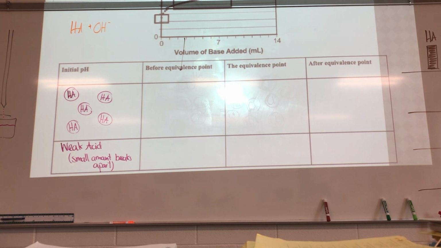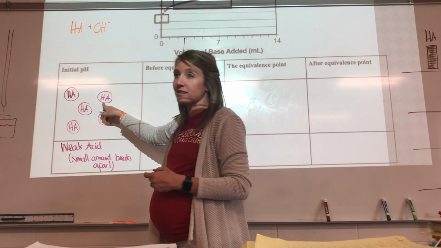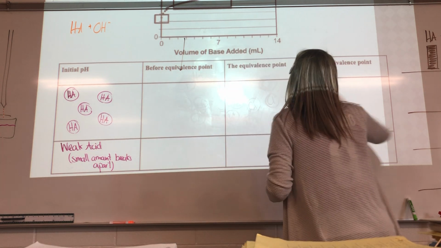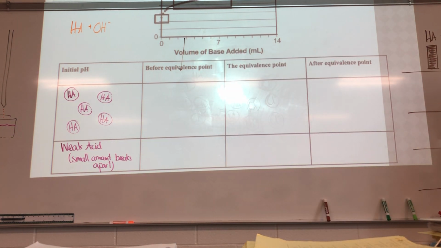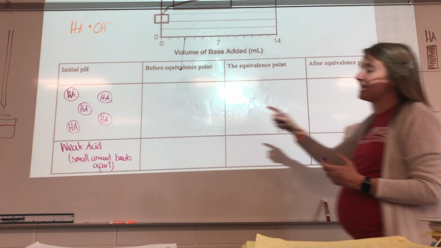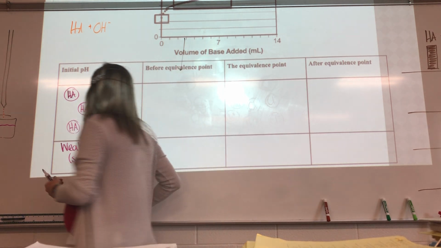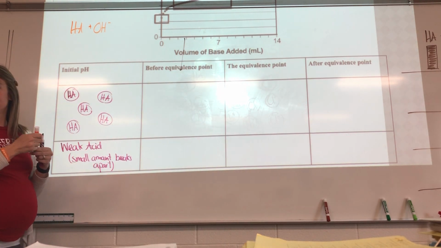Okay, we're starting to drop the base. What's happening at the molecular level? So the HA reacts with the OH minus and turns into water and A minus. So for every HA you take away, you need to add an A minus.